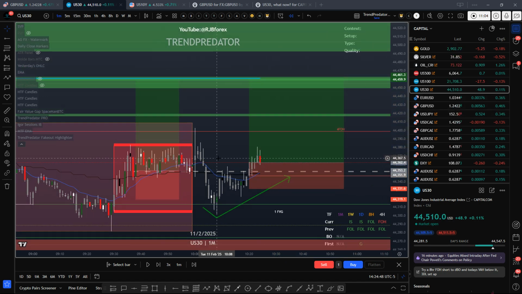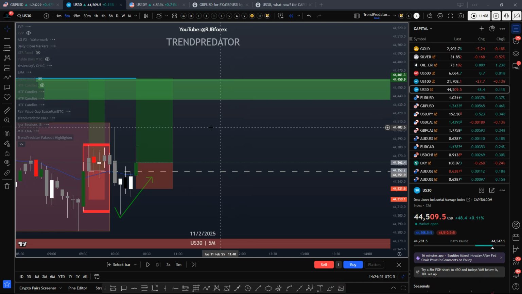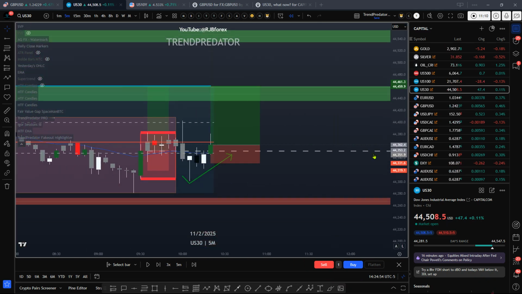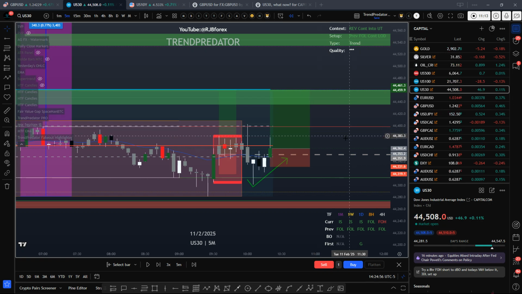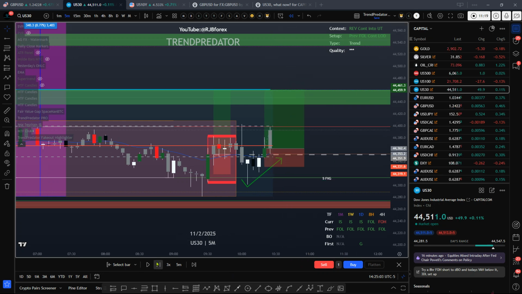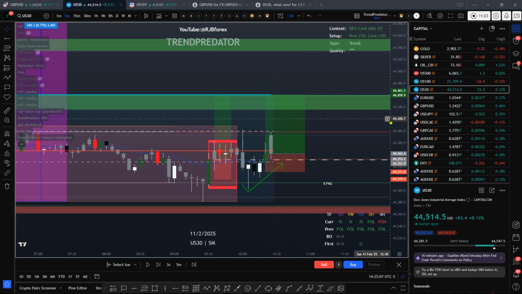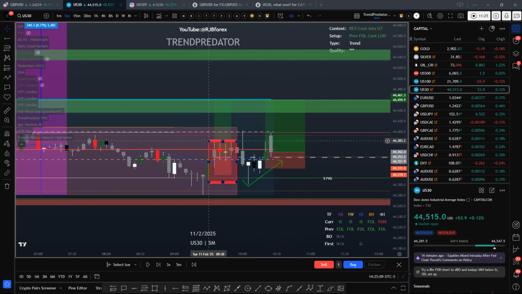So, and there you have it. So back to the 5-minute chart. And that would have been a nice entry. If you wanted to wait for the next candle along, then you're buying that pretty high up, but at least you're breaking out.